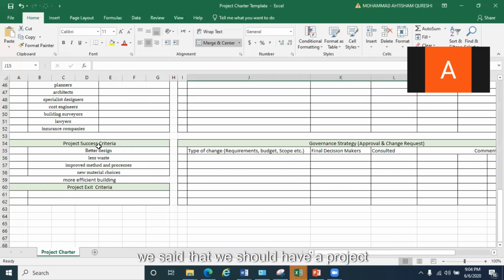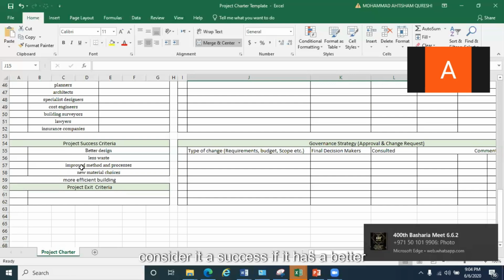Okay, so let's talk about success criteria first of all. So in charter we said that we should have a project success criteria. Now if we are constructing a building, what will be the success criteria? What will be the success criteria that after this building is up and constructed, we should consider it a success if it has a better design.